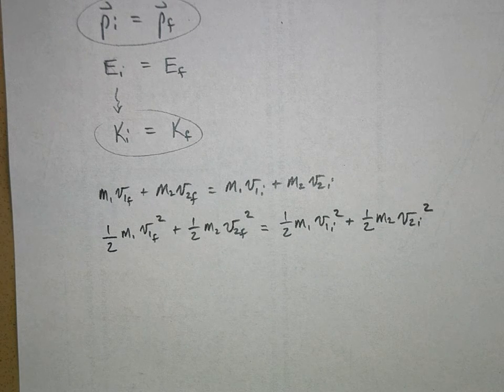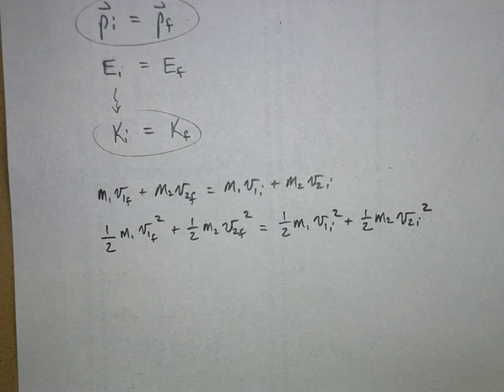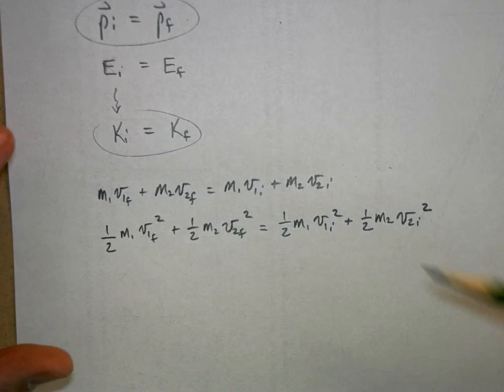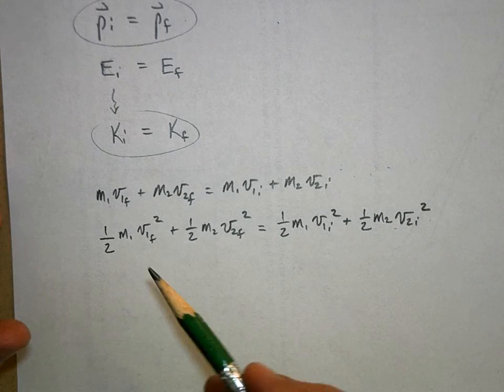Now, if you have two equations, you can have two unknowns, right? Okay, now I defy you, this is really hard. To solve these two equations simultaneously is, well, it's a really bad word. I'm not going to say it, because it's being recorded. You could take out the 1/2. Now, let's say you want to solve for v1 final.